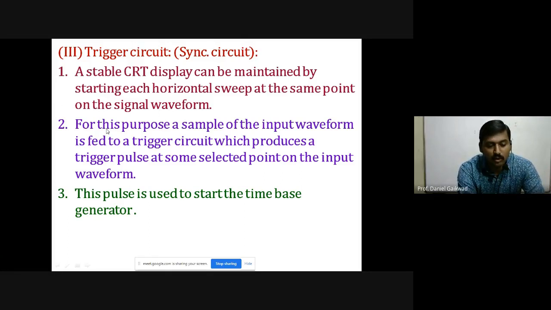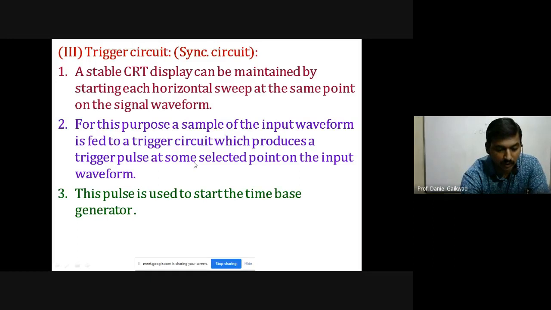Number two, for this purpose a sample of the input waveform is fed to the trigger circuit, which produces a trigger pulse at some selected points on the input waveform. So for that purpose we take the input from the input waveform and feed it to the trigger.